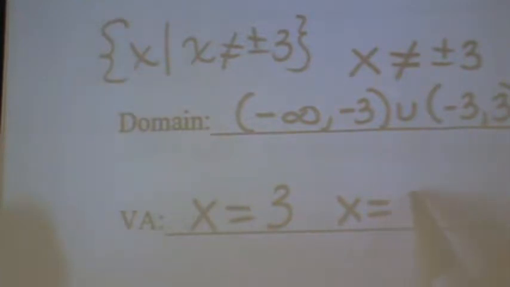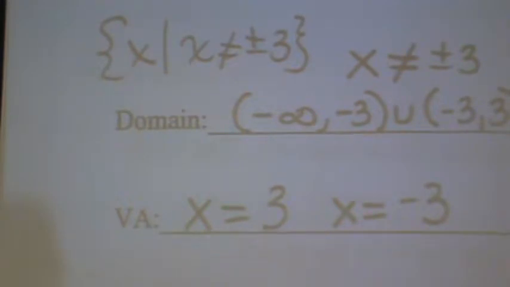Now, what are these? These are lines that the graph cannot cross. Think of a dog with one of those imaginary invisible fences. Your graph cannot cross these two lines. It'll get zapped, right? So graphs will not cross vertical asymptotes. A VA is a vertical asymptote.